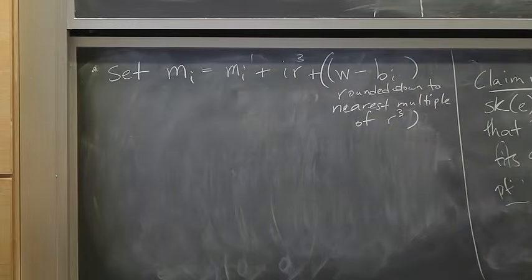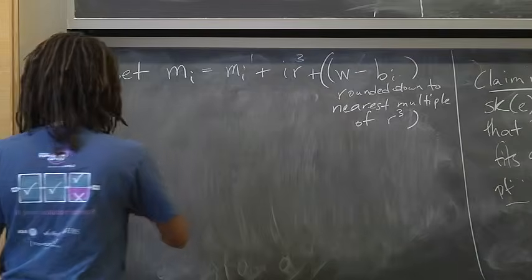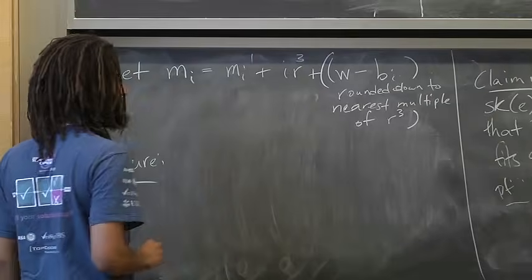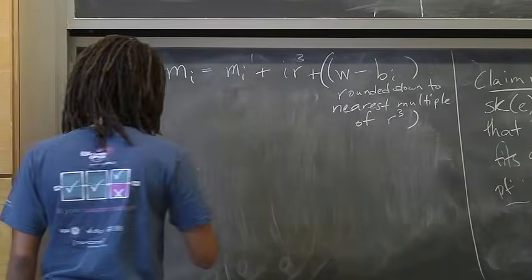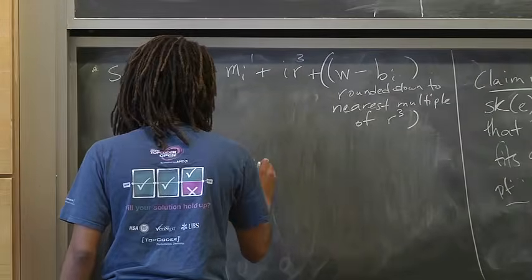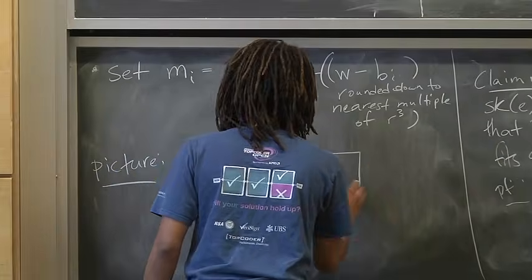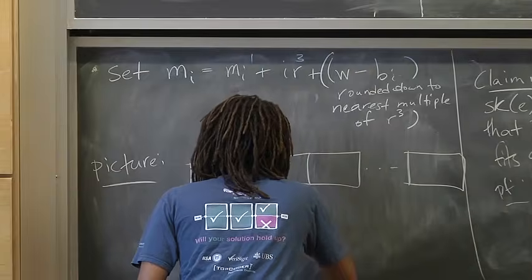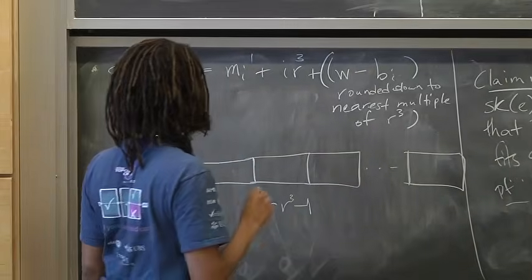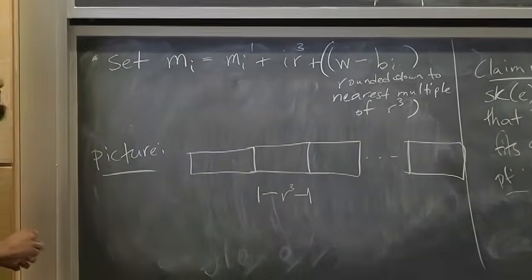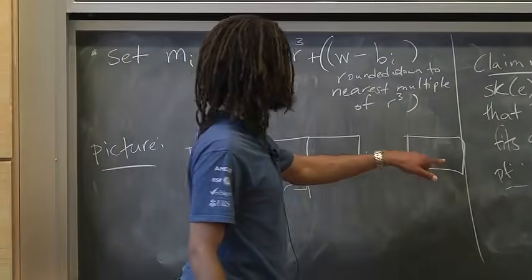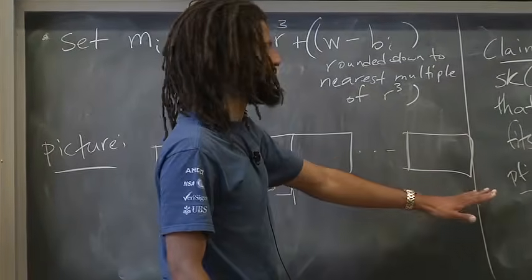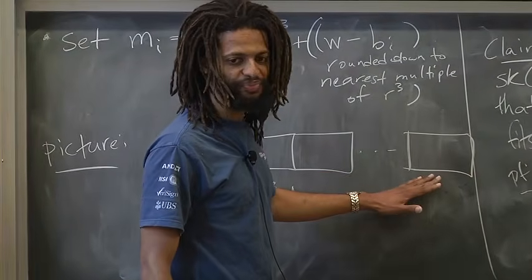Okay. So the picture to have in mind, this is the final picture that we'd like to have. We have these blocks of length r cubed each. And all of these mi primes are values between 0 and r cubed minus 1.